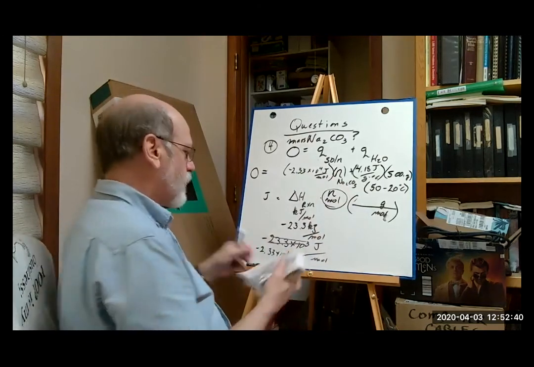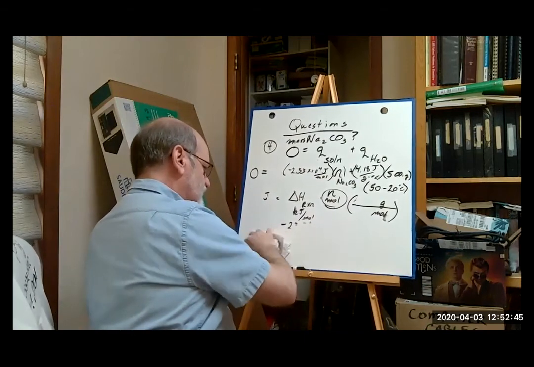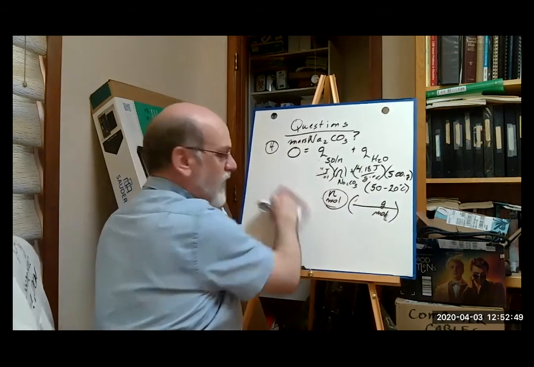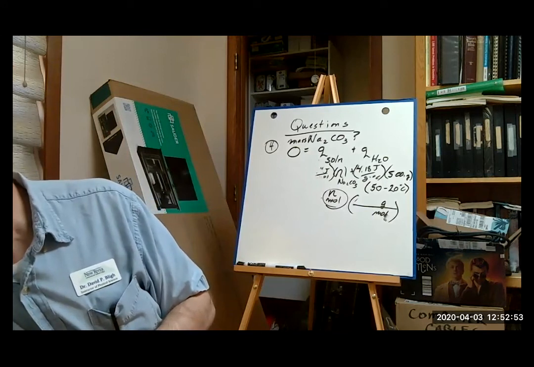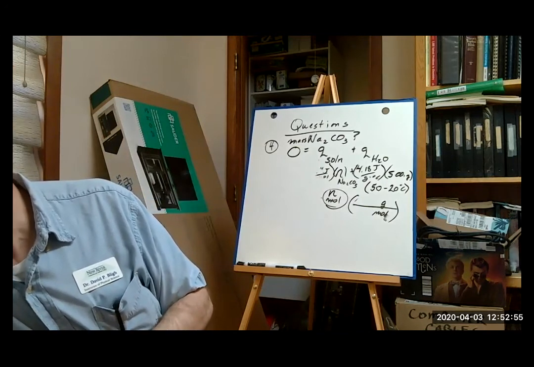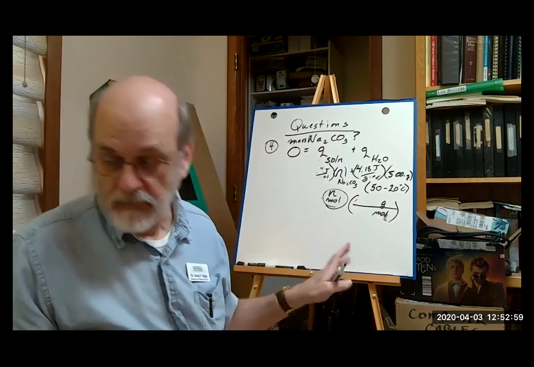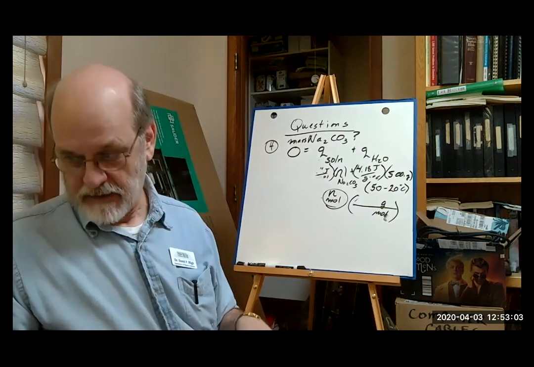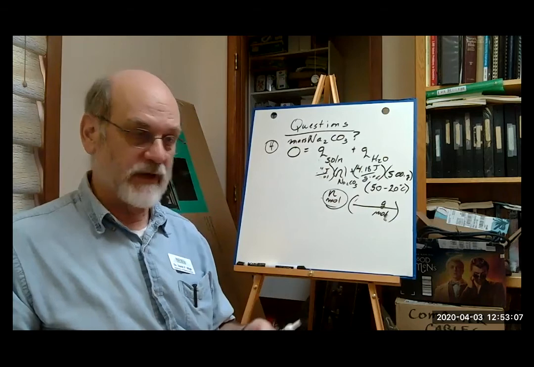And also, question 5 is a similar structure, but in question 5, we're using sodium bicarbonate with different temperatures before and after, initial and final. And they want to know how much mass of sodium bicarbonate you need to lower the temperature of your cold pack to 1 degree centigrade.